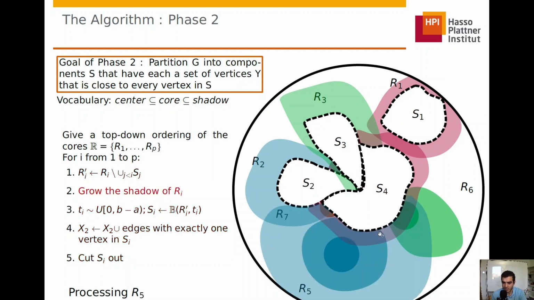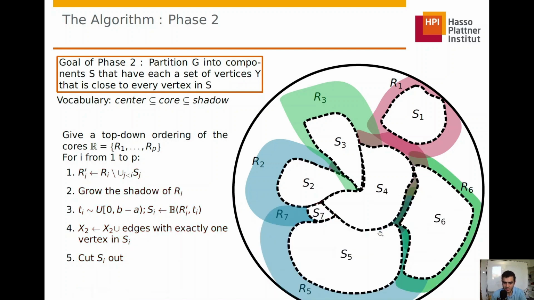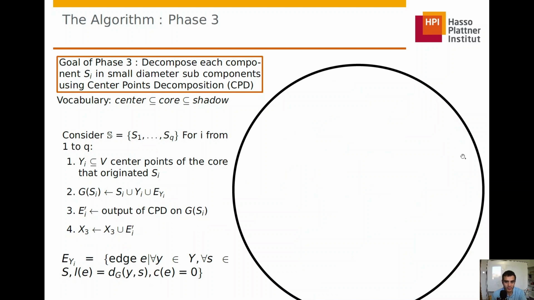And again, we continue R5, R6, R7, and we have all our S components of the graph that are completely independent. Okay. We also have created shadows, and I will show you after phase 3 how the shadows only overlap a certain number of times. Okay. Now let's go to phase 3, and this is where the small diameter decomposition really happens.